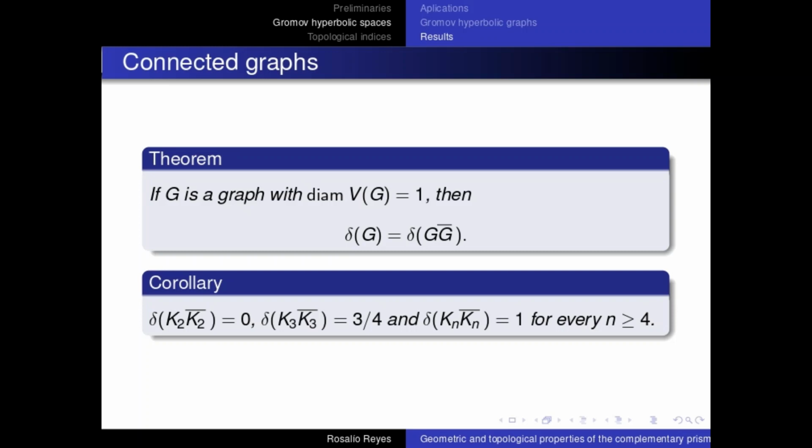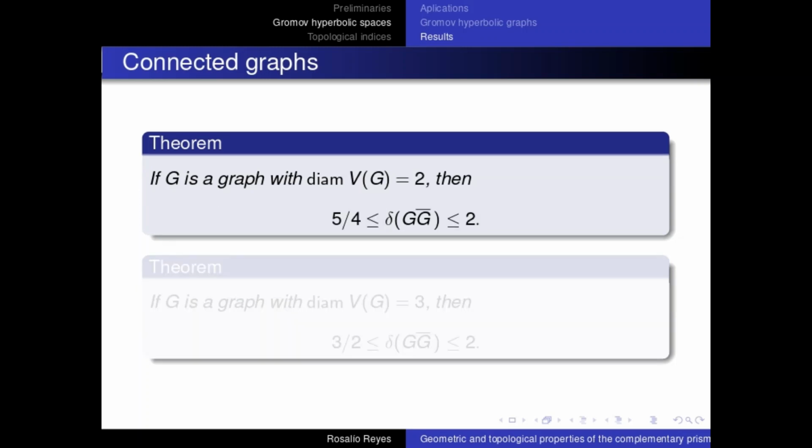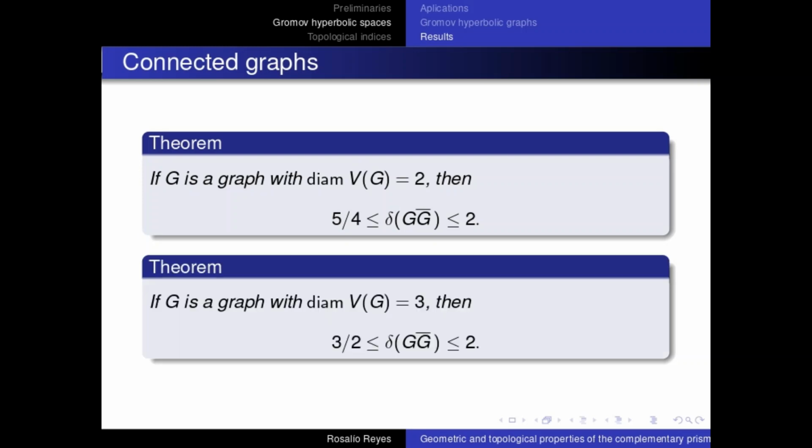Here we have the constant of hyperbolicity of the complementary prism for the complete graph K sub n. The next case is when we have the diameter of vertices equal to 2. In this case, we have lower and upper bounds. The next case is the diameter of vertices equal to 3. Same as in the previous case, we have lower and upper bounds.